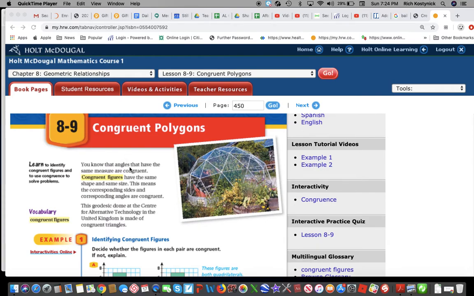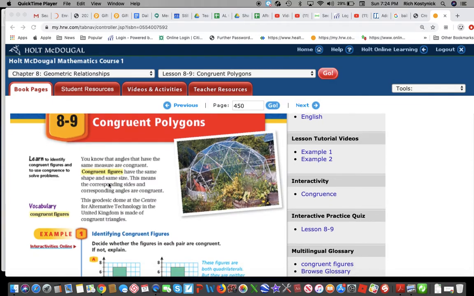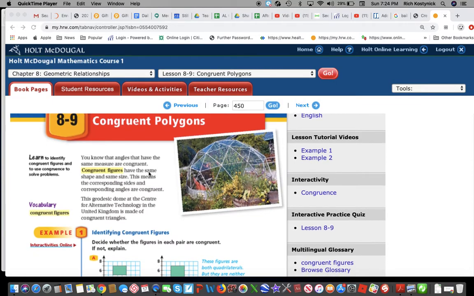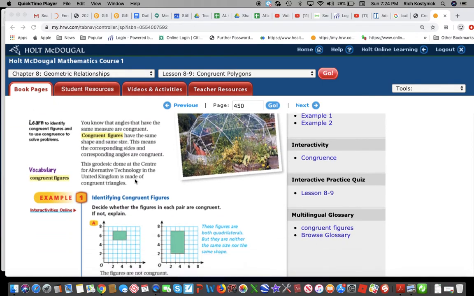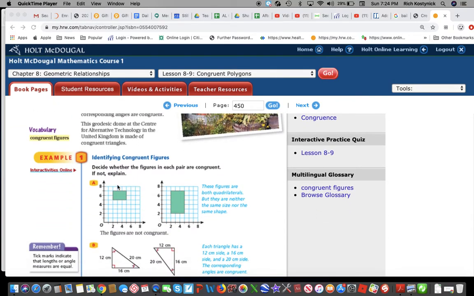Congruent polygons, or congruent figures as they're calling them, means that they have the same shape and the same size. Like I say, same size, same shape. If we take a look down here at example 1, it says, decide whether the figures in each pair are congruent or not. You can take a look at them. This is a 3 by 2, and this one is a 3 by like 5.